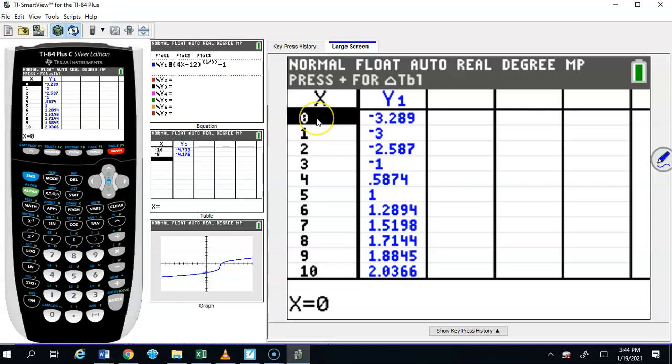So I do have 0 and that's -3.3, and then 1 at -3, and then notice here, 3, -1. That's where my transition point was, and then 5, 1. And then I could also do 10 and 2. So I'm going to take these values and put them in my table over here. That's what I'm going to do next.